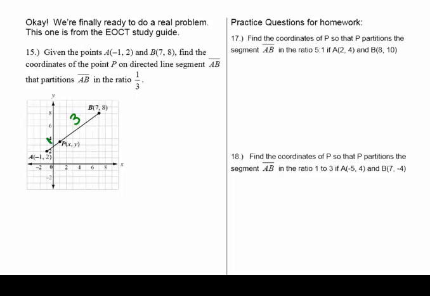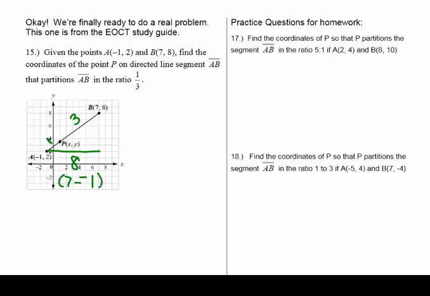All right, so let's take a look at the distance from A to B, okay? And so your distance horizontally is from -1 to 7, so that's 8 units, right? Because we could do our 7 minus -1, which is 8, okay?